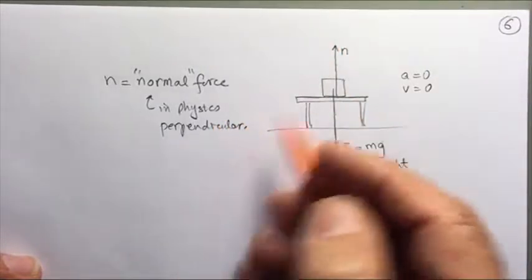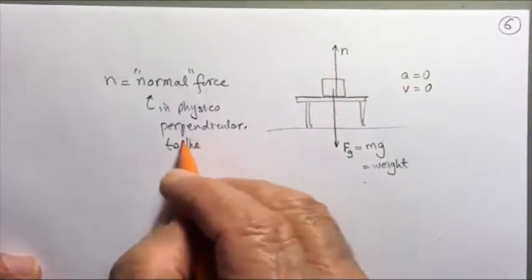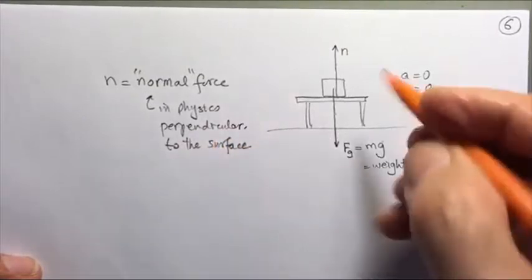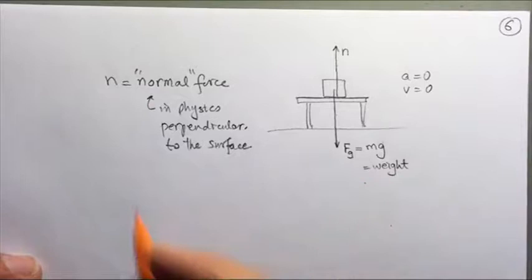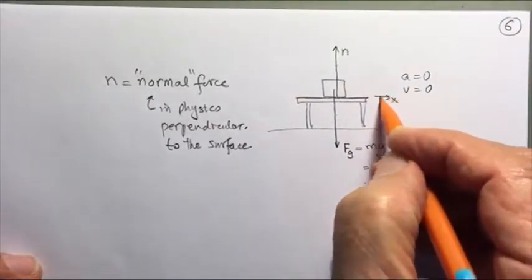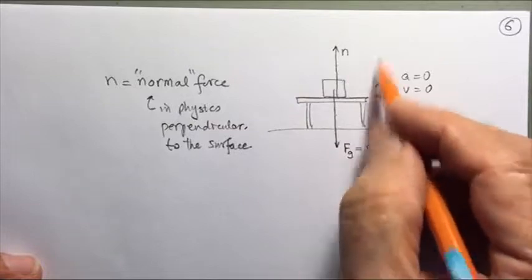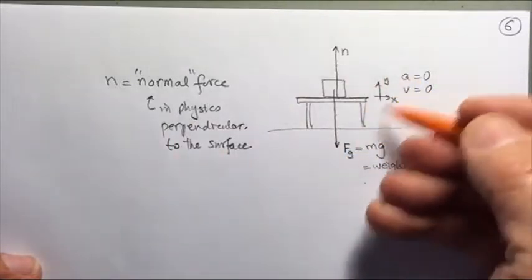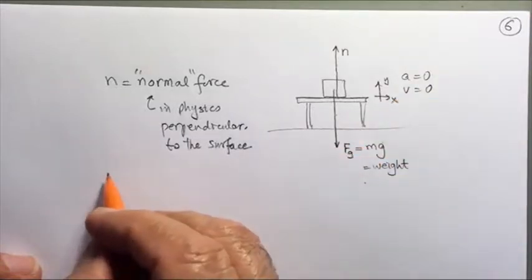Normal force is always perpendicular to the surface, so let's add that. So that's the normal force. Now we'll write the condition of equilibrium. If this is our x-axis, this is the y-axis. Normally the y is vertically upwards and the x is horizontal. The z would also be horizontal.